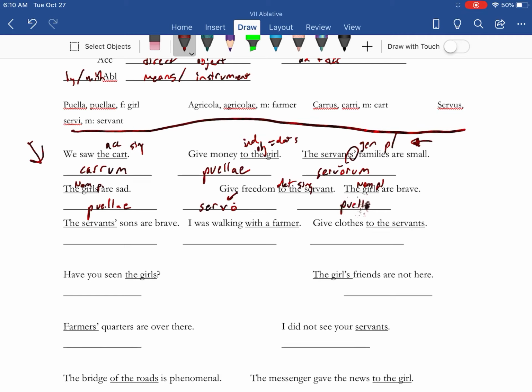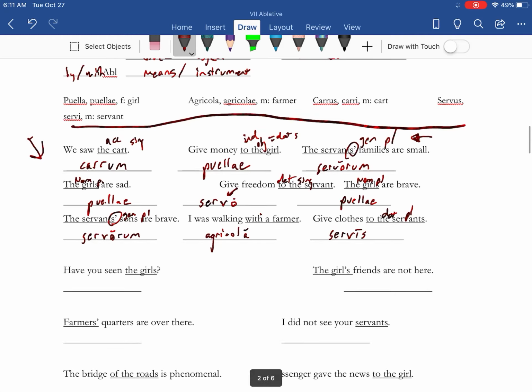The A becomes an AE. Genitive plural. The US becomes ORUM. With is an ablative. So make that A a long A, meaning give it a long mark or macron. To the servants, dative plural because it's the indirect object. So the US is going to become an IS.